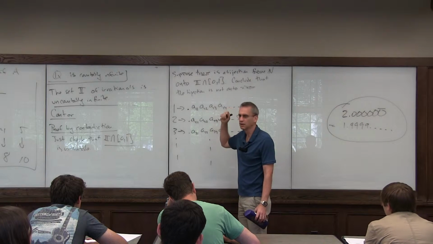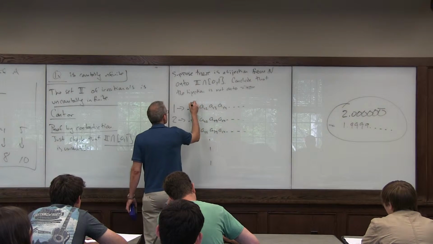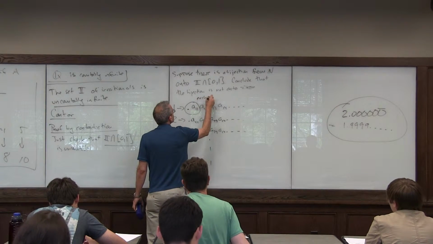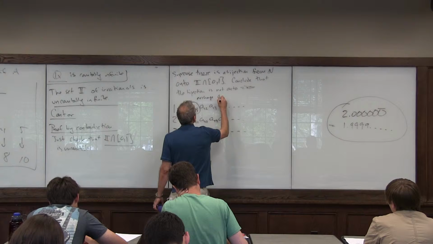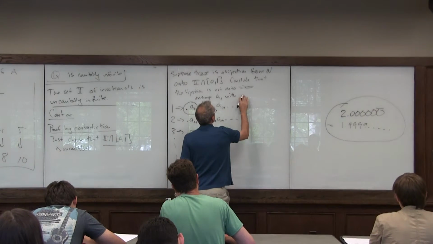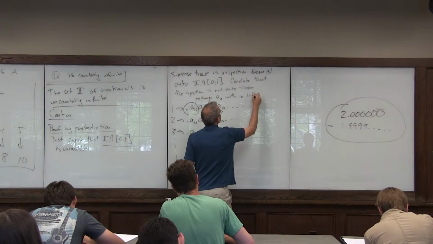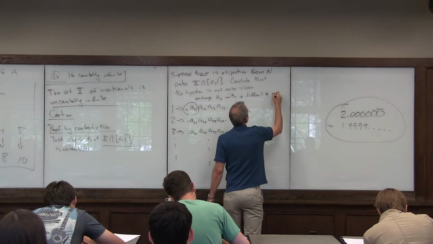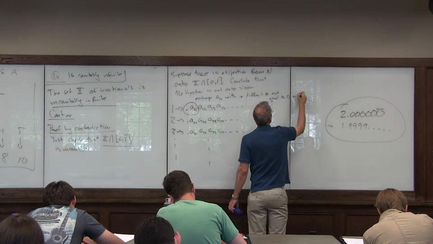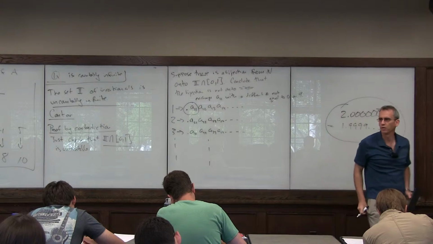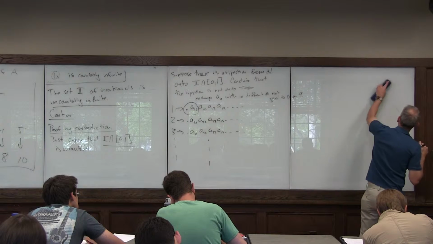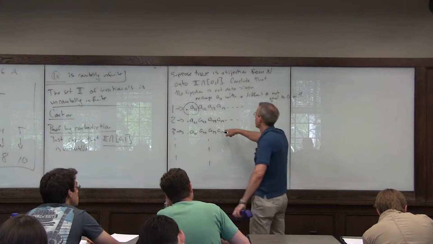So I'm going to now exchange A11 with a different number not equal to 0 or 9. Those are the scary ones I want to stay away from. So I'm going to start constructing a decimal that's not hit by this function, so it's not onto.